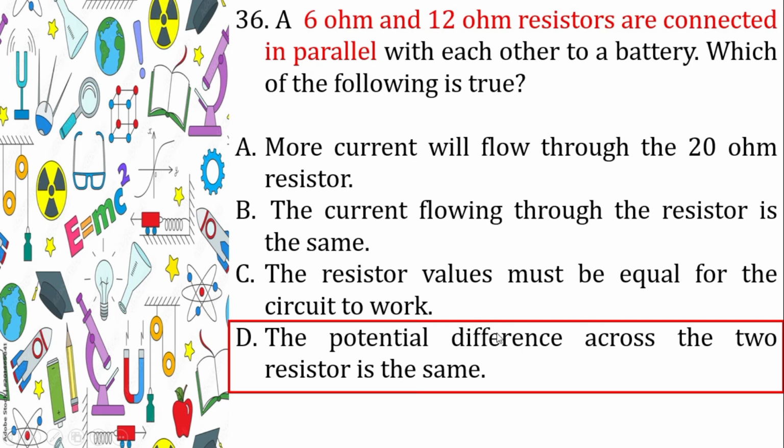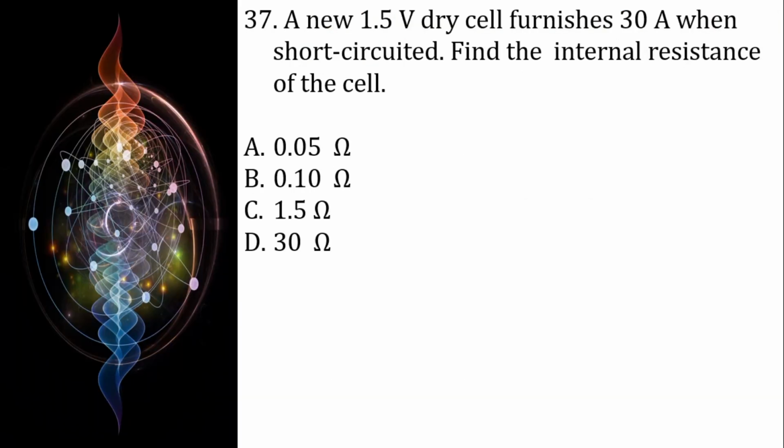Again, in parallel, the potential difference or the voltage is the same across the resistors. So, the potential difference is the same across the two resistors in this question. So, letter D is the best answer.